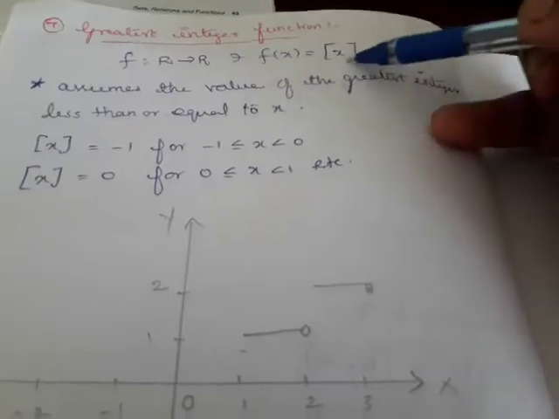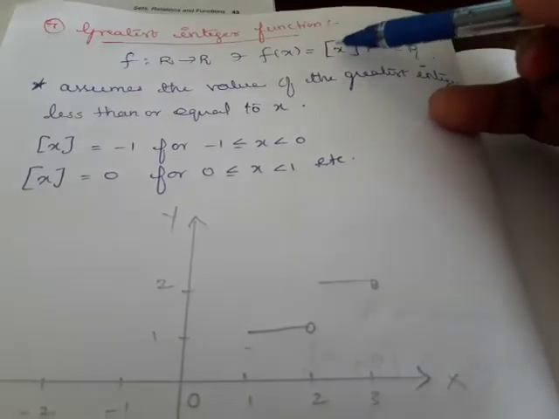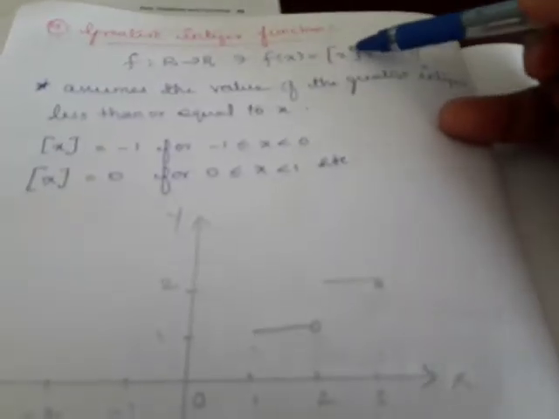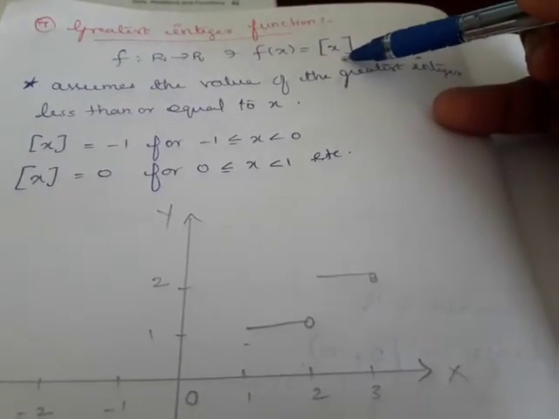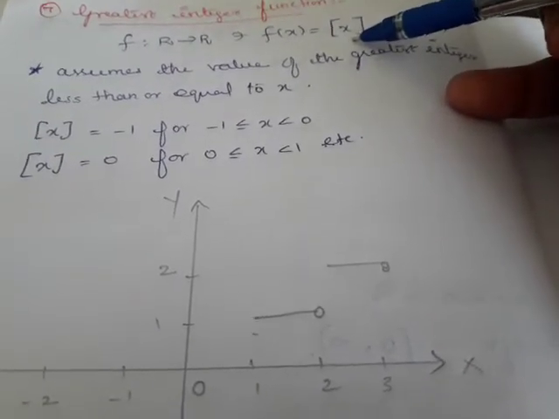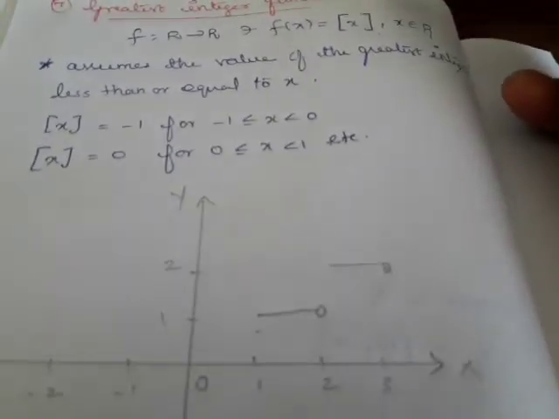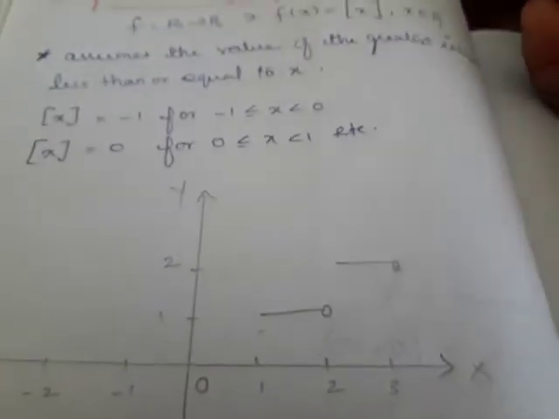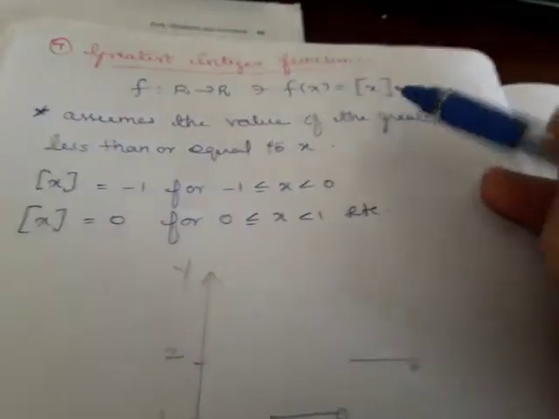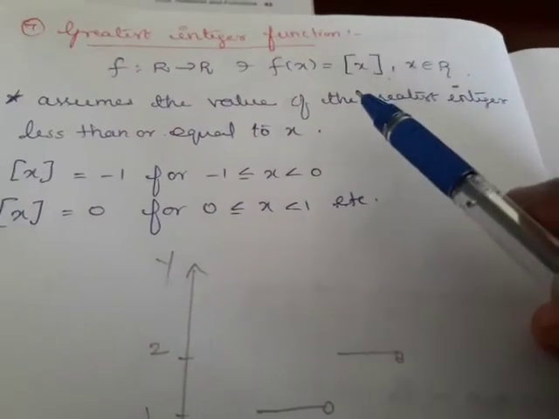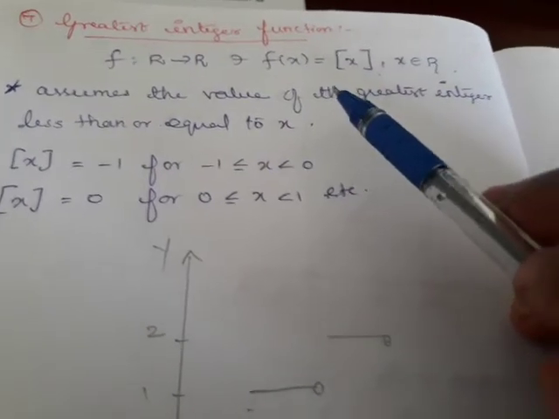For example, if I write minus 2.3 inside these square brackets, which we call the greatest integer symbol, then we will take minus 2 as my answer. We avoid the decimal values by using this function, which is called the greatest integer function.